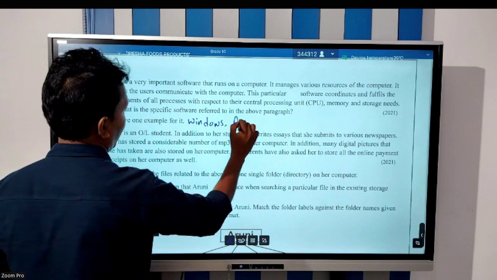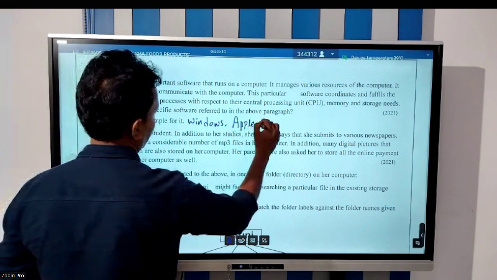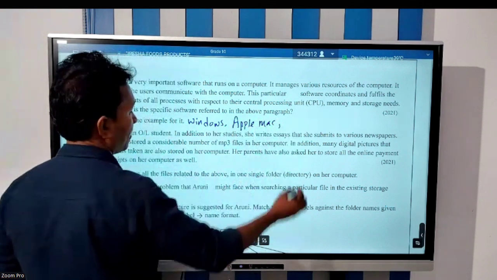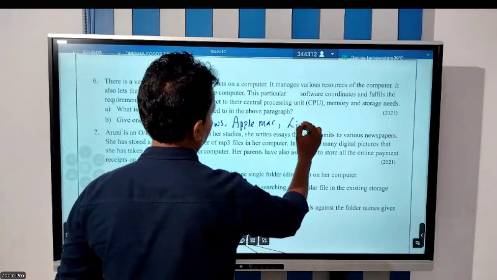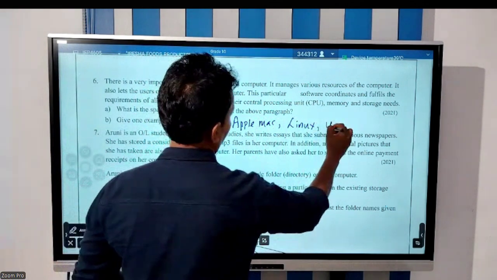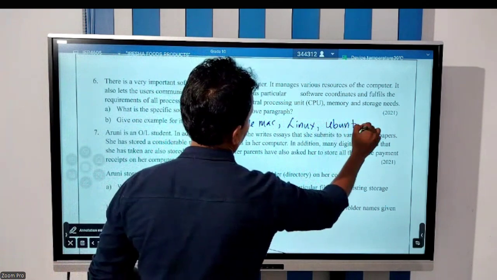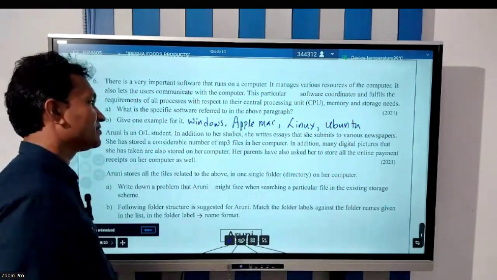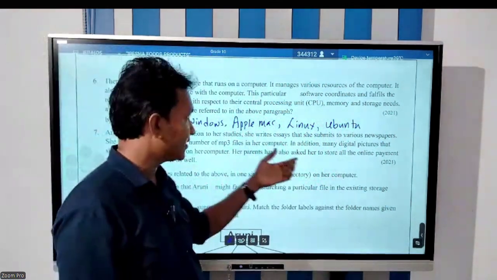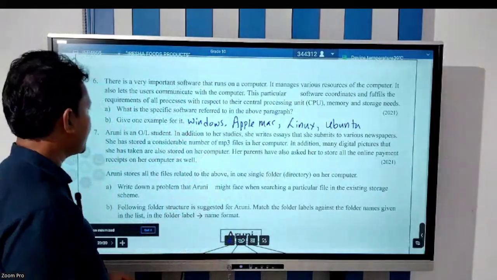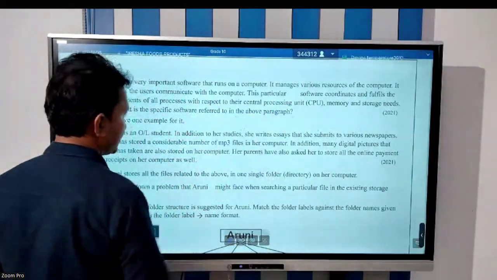For Macintosh, or Apple Mac. Linux. Ubuntu. So there are a lot of operating systems. You can write one of these, right? So that is the answer for question number 6.